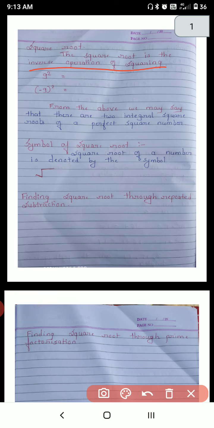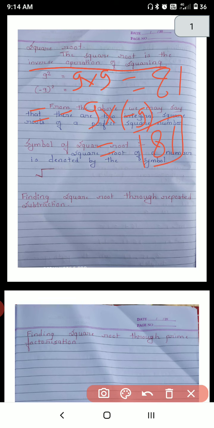When you want to find the square of 9, suppose here I have written 9, you will multiply 9 into 9, so 81, right? This is your 81. And again, when you want to find the square of minus 9, minus 9 into minus 9, 9 nines are 81, and multiplication of a minus number with a minus number gives plus 81.